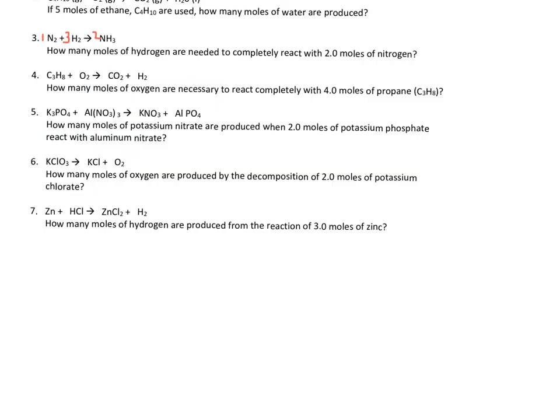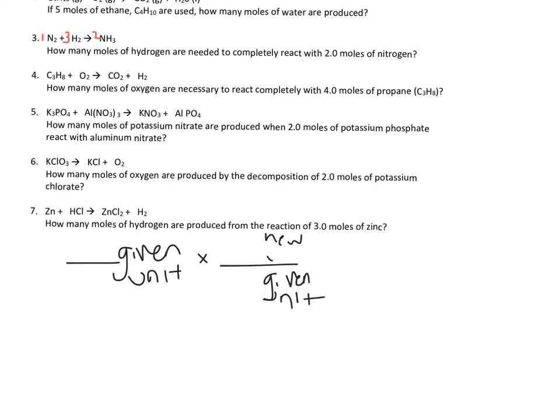So when we are given a chemical reaction and asked how many moles of hydrogen are needed to completely react with 2 moles of nitrogen, we can think about it in the exact same way as before. We figure out what our given unit is, and multiply it by a conversion factor where the given unit is on the bottom and our new unit is on the top.